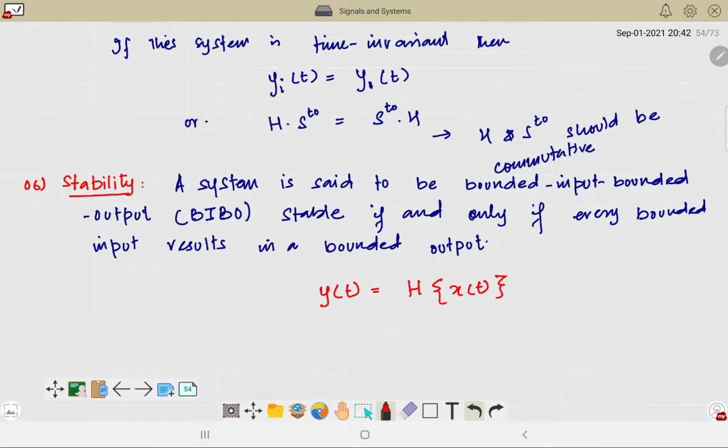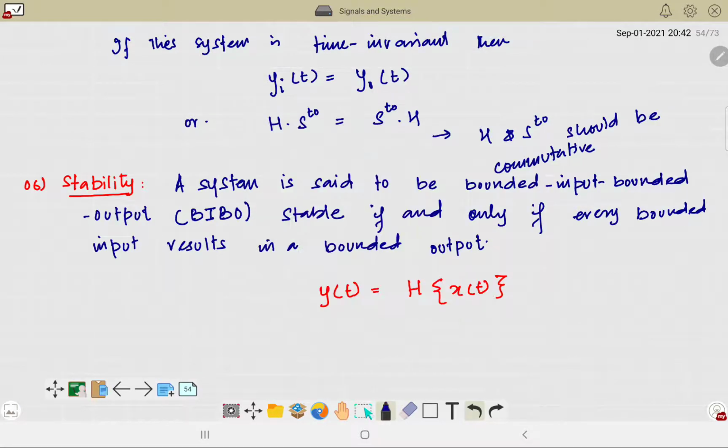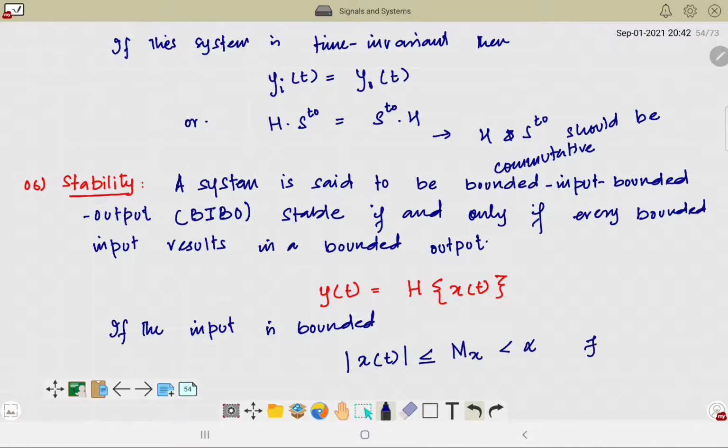If the input is bounded, mathematically we represent a bounded input like this: the magnitude of x of t is less than or equal to some value M subscript x, which is less than infinity, for all values of t.